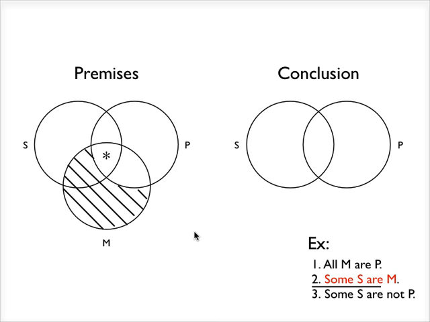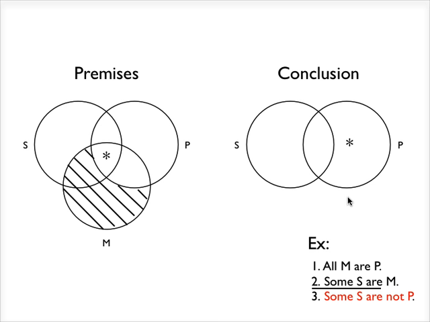The conclusion says some S are not P. So how will that look? Well, again, to diagram a particular statement using some into our Venn diagram, we use an asterisk. And we want to say that there's something that is an S that is not a P. And actually, I have put that in the wrong place.